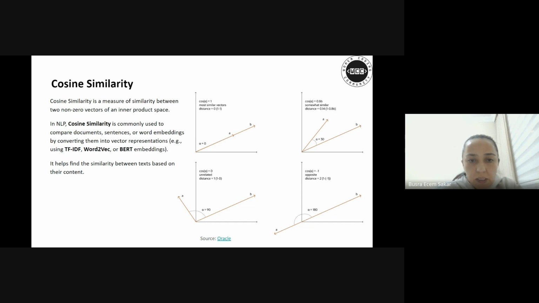So by calculating this cosine similarity, we can assess how closely related two documents or sentences are. And this method, as I mentioned before, is useful for tasks like text classification, recommendation systems, and more.